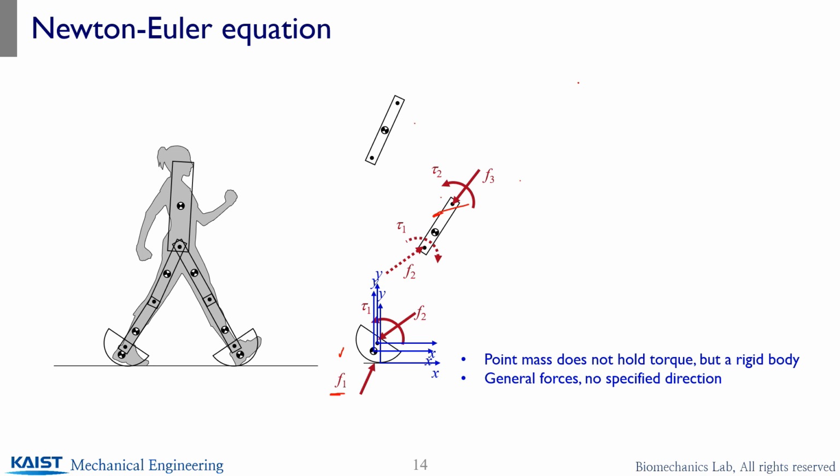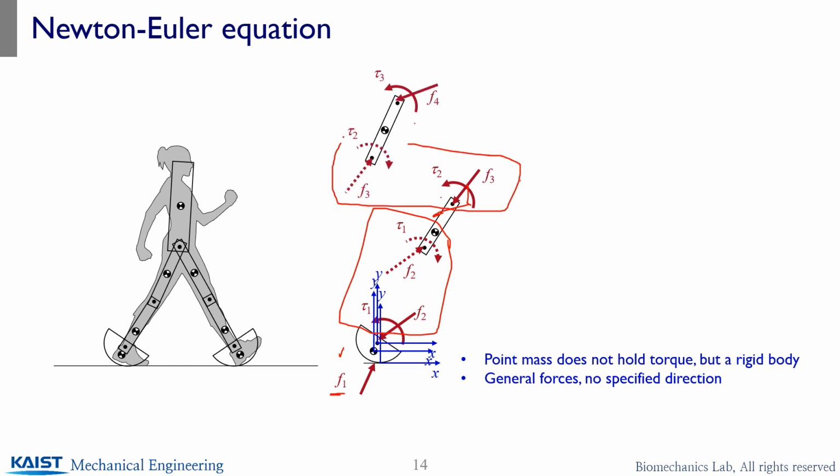The same things apply for the next segment. From the foot segment there is an action-reaction pair, the same magnitude and opposite direction, at this point, and there is another force and torque applied from the next segment. For the next segment, this is also an action-reaction pair, and there is also another joint force and joint torque applied.